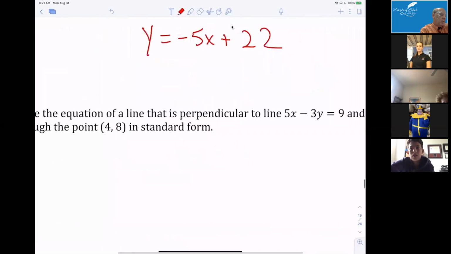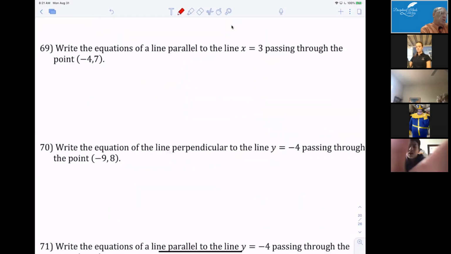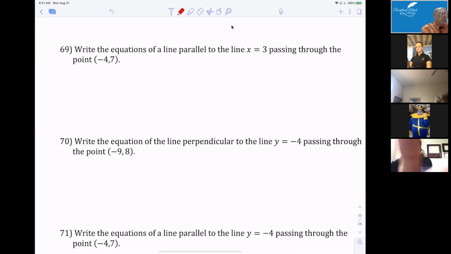All right, here we go. Let's look at 69. This is a good one. It says, write the equation of a line parallel. Well, I want everybody to look at x equals 3. What type of line is that? Vertical, thank you. So the only line that's going to be parallel to a vertical line is a vertical line.